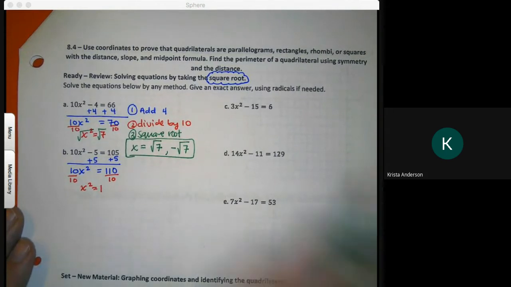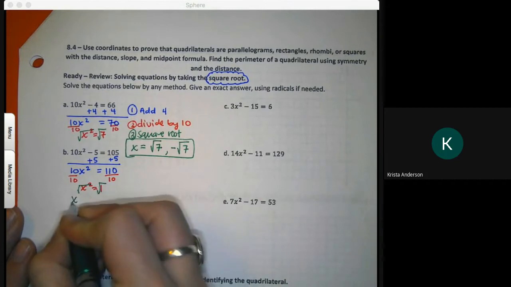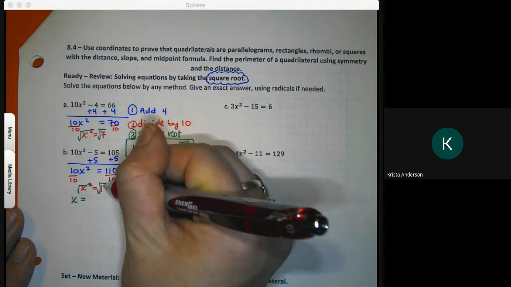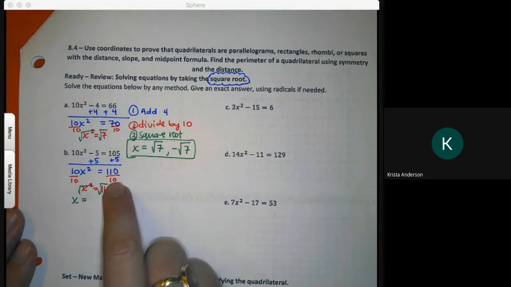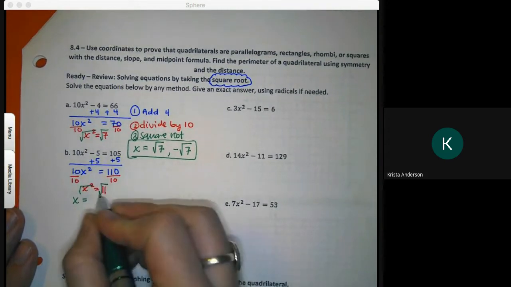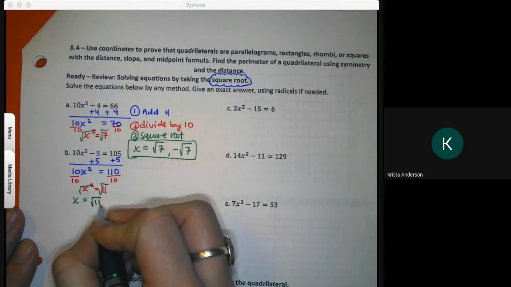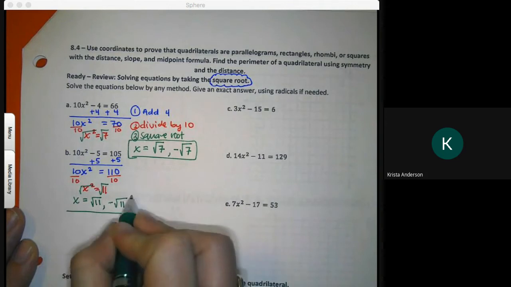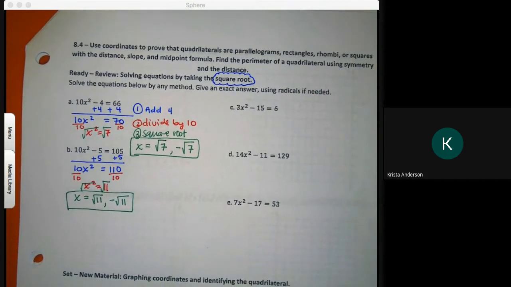And then I square root, which tells me that x should be, oops, that should be an 11 right there. Sorry. Divided by 10 is 11. I square root it. 11 cannot be square rooted. It's not a perfect square, so I would have a positive root 11 and a negative square root 11.